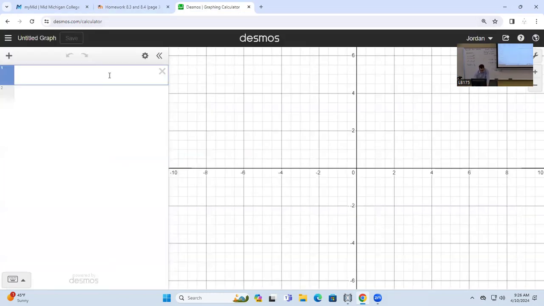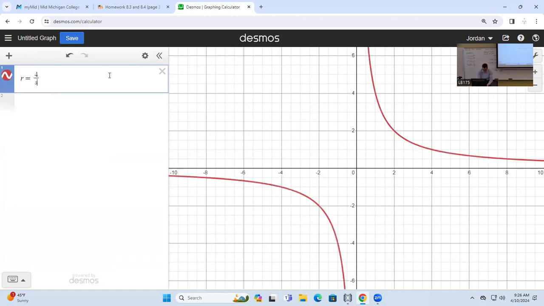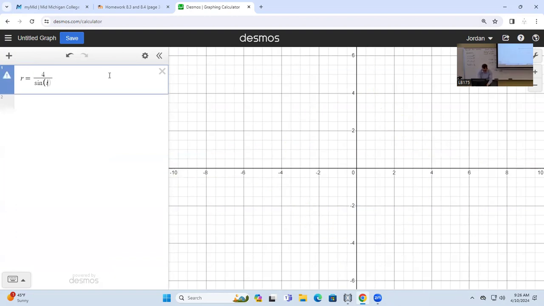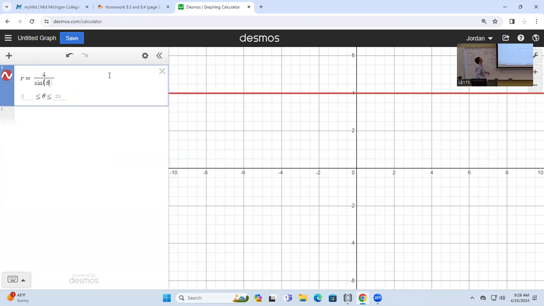Sure. So if I do r equals 4 over, and then here's the deal. When you want a theta to come up, you type in the word theta, T-H-E-T-A, and then it'll come up.